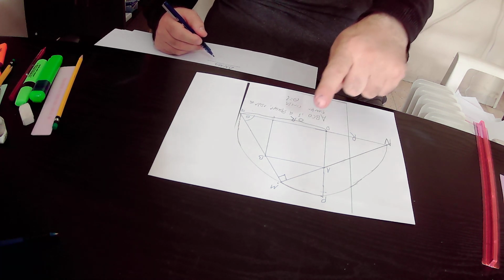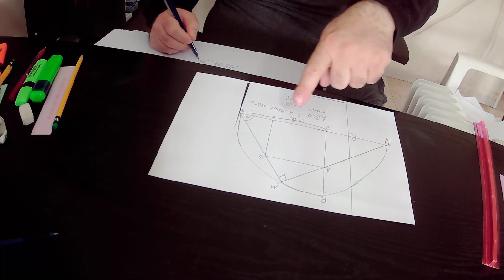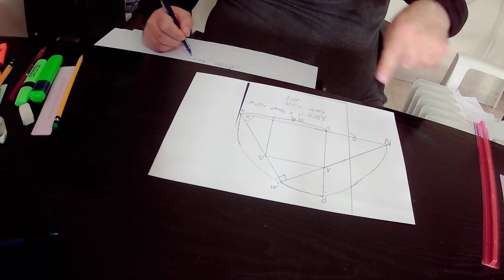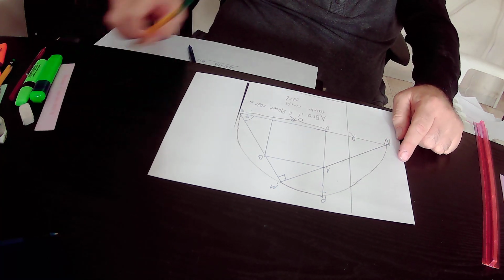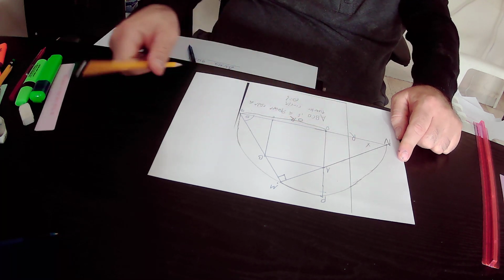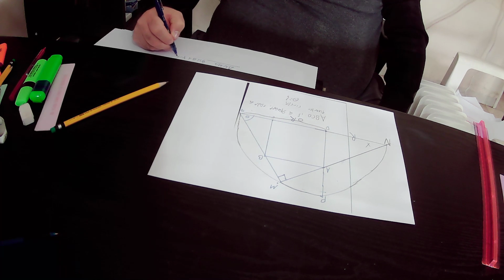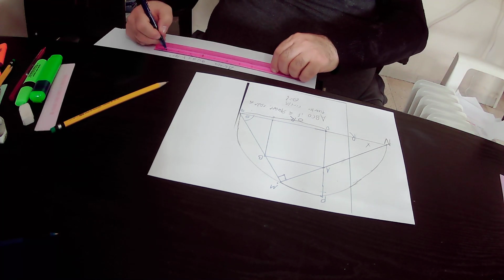Which angles do we have in the right triangle NMQ? We have 90 degrees. We have also this angle, angle theta, according to what is given in the question. We have also this angle that we will define as angle X. In total, the sum of those 3 angles must be equal to 180 degrees, according to the rule that the sum of the angles in any triangle is equal to 180 degrees.